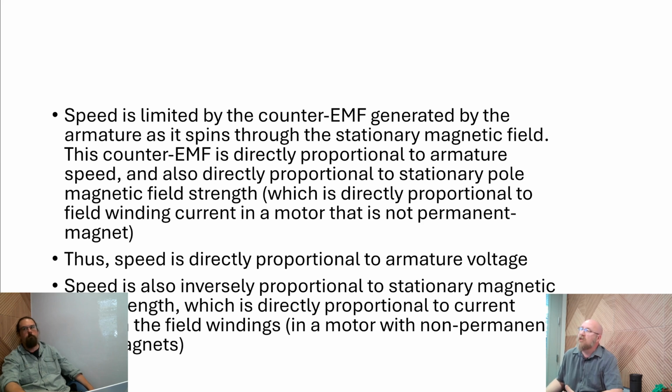That means the counter EMF is causing a voltage drop because it's essentially acting like a resistance. Going in the opposite direction, it is subtracting from the voltage that we're applying in the forward direction. And what this means is the more voltage we pour into that motor, the more speed we get out of it, because that back EMF is subtracted from that number.